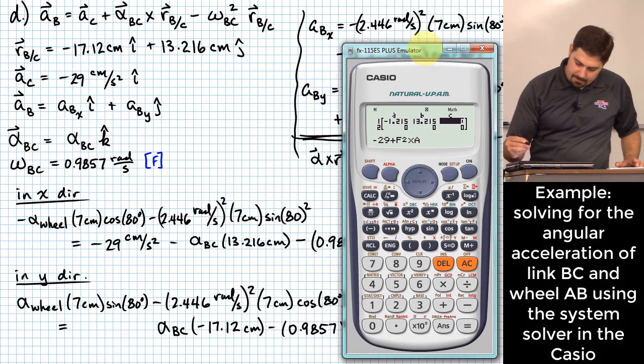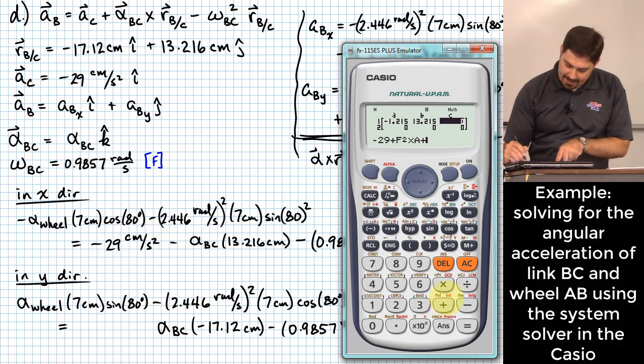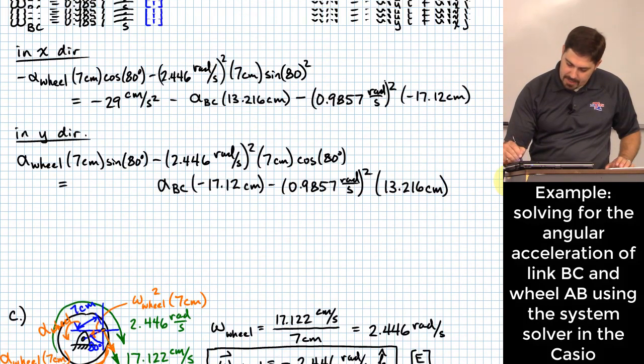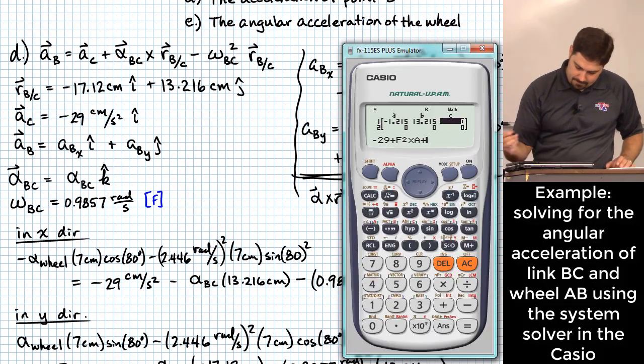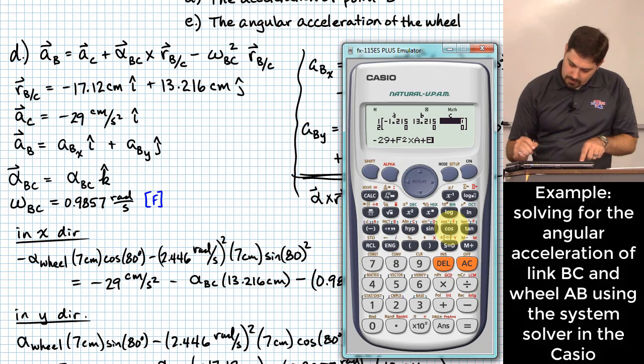And then my final term for my constant was a negative on the left side. That means I need to turn it into a positive. So I add 2.446, which was stored into E, squared times 7 times the sine of 80.